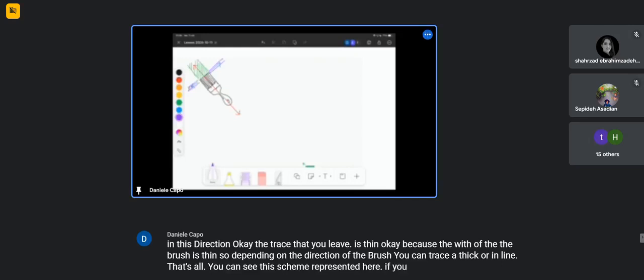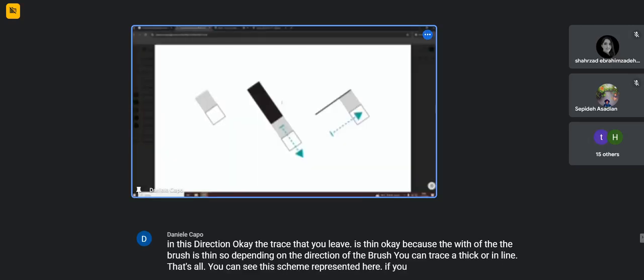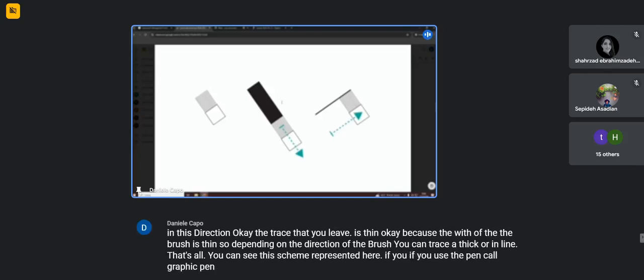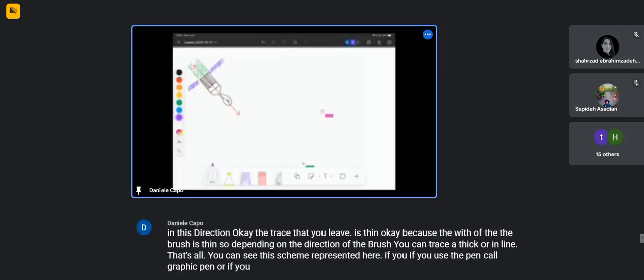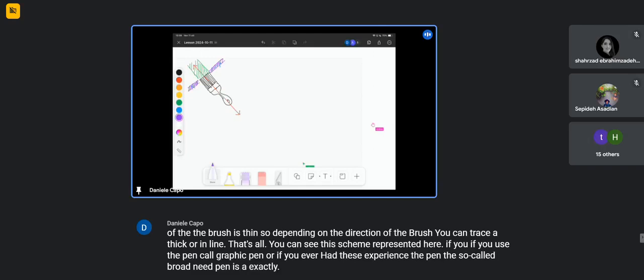If you use a pen, a calligraphic pen, or if you ever had this experience, the pen, the so-called broad nib pen, is exactly the same. It is a metal point, usually made in this way.